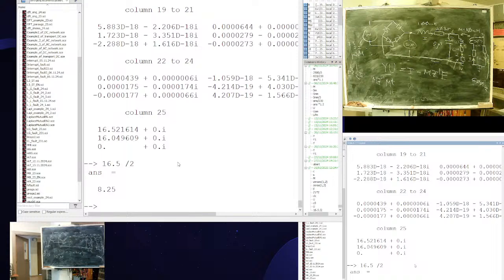Five AC. Okay. At the output, I should see DC component 7.6. Well, should be 8.2.